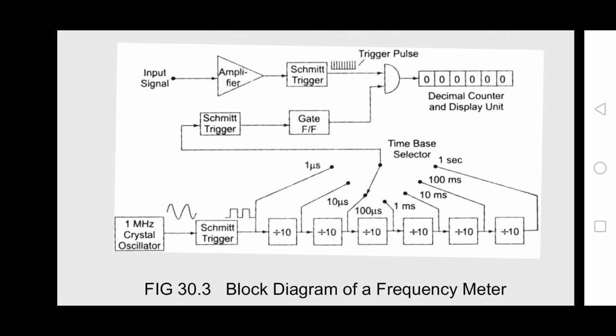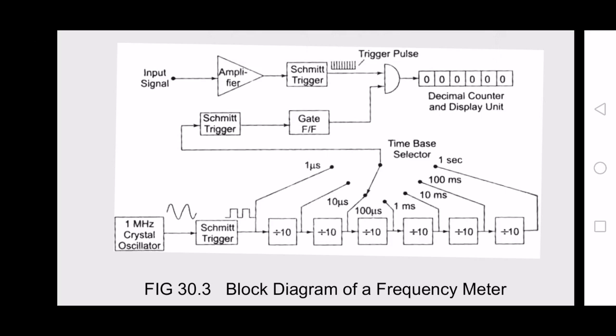During this time period, the decimal counter and display unit output corresponds to the number of input pulses received, and hence whatever the counter displays corresponds to the frequency.